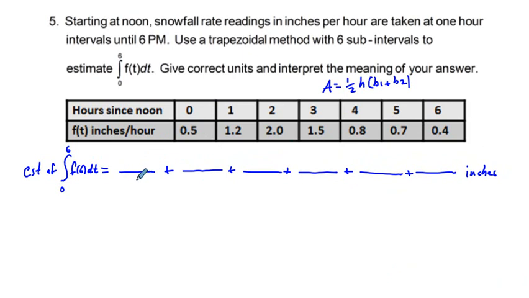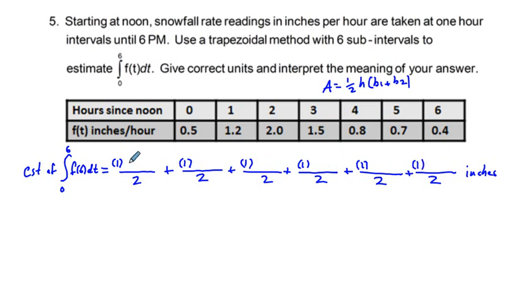For the trapezoid rule, I just put 2 underneath all of these, and all these trapezoids are going to have a height of 1. So we're going to have 1. I find that organizing it this way eliminates a lot of opportunities for errors.